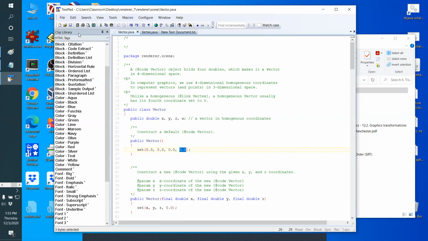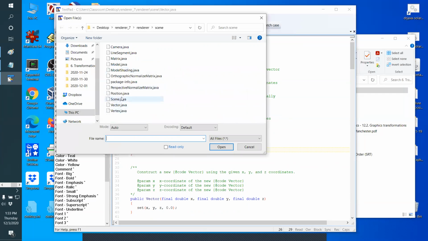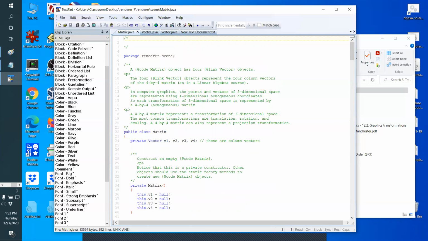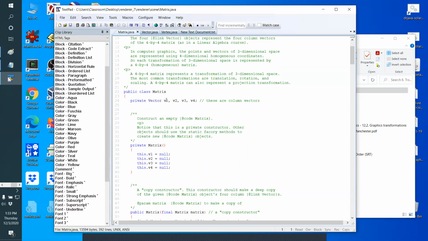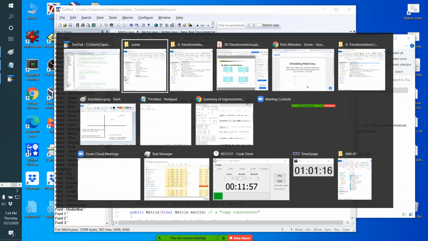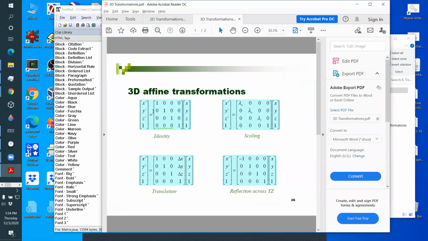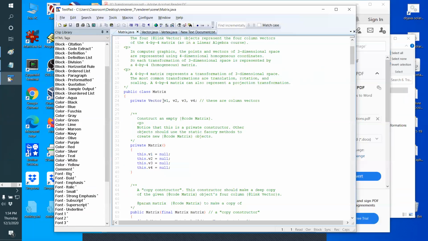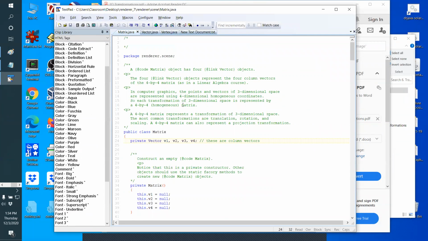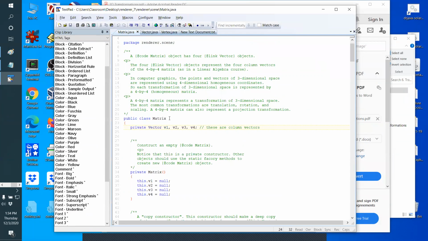Okay? Then the matrix class is made up of 4 column vectors. If we think of these pictures, a matrix is 4 column vectors. So it's going to be column 1, column 2, column 3, column 4. Some people store their matrix as 16 numbers. I went back and forth, and I thought it's a little bit easier to write the code in terms of 4 column vectors than in terms of 16 numbers.